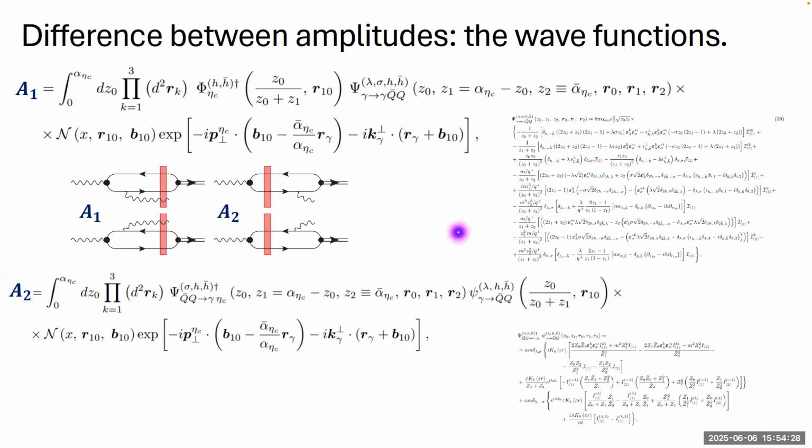But this is the total wave function that you put here. The same applies to this wave function. This wave function here, for example, is different from the first object, and then you have here the quark antiquark pair going to this gamma eta C production. So the same thing here.